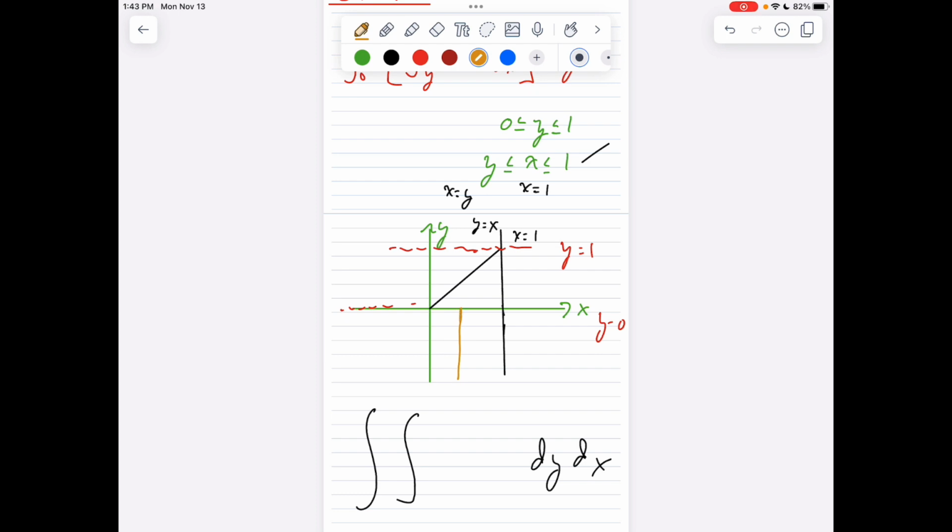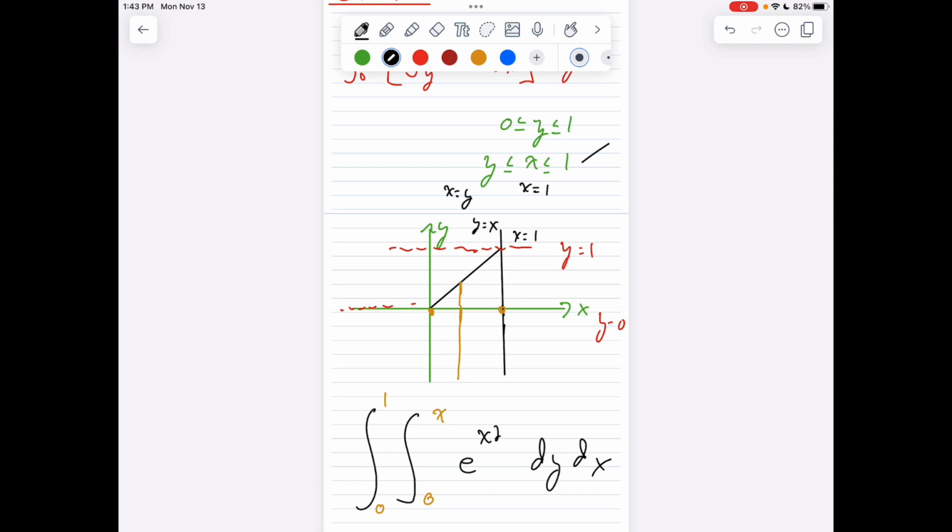So you would hit y equals 0. And then the top limit that you hit by that arrow would be y equals x. And the x values go from this point to this point, so that'd be 0 to 1. So that's the equivalent integral in terms of dy and dx.